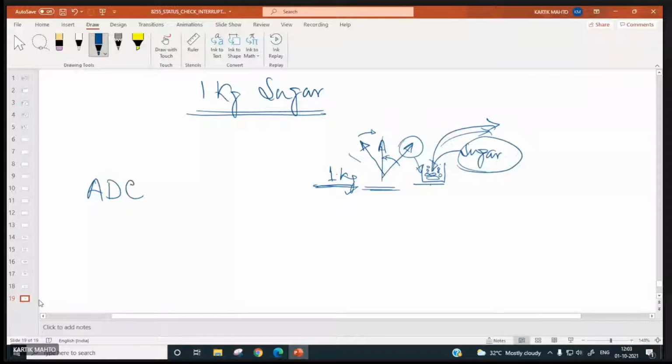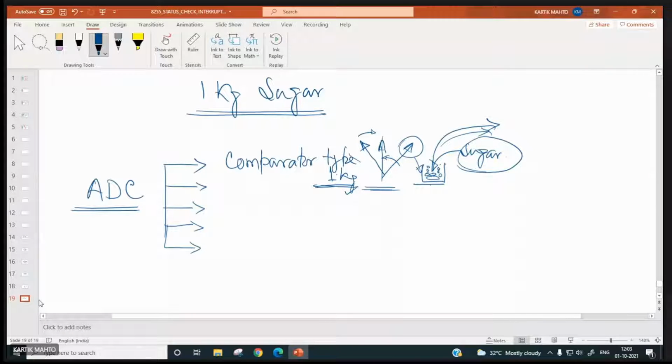development. And for your information, there are 5 different ways through which you can build your ADC circuit. Do you know what those are? Comparator type. Have you heard of this name? Yes, sir. Counter type.